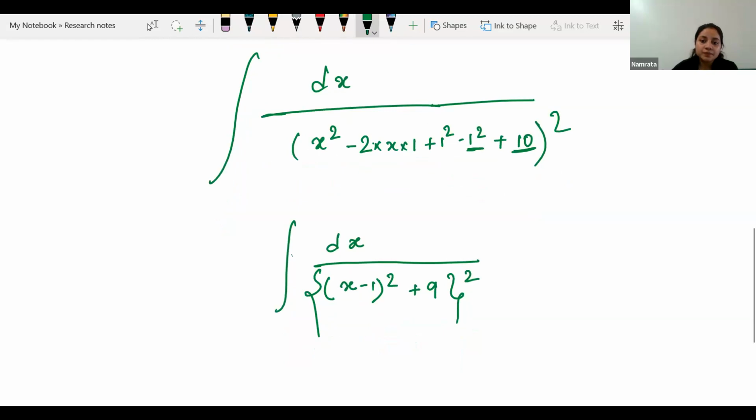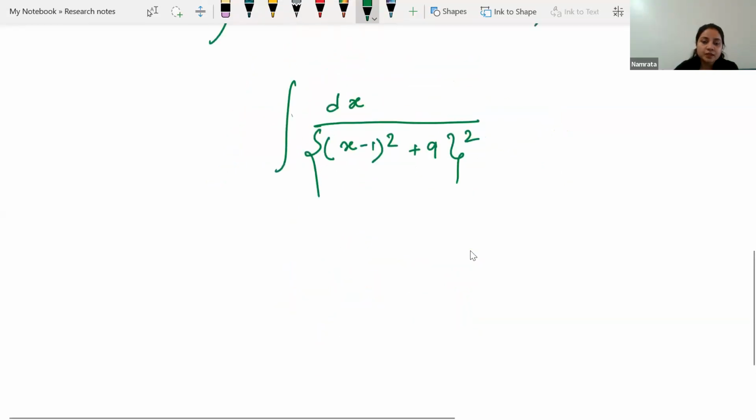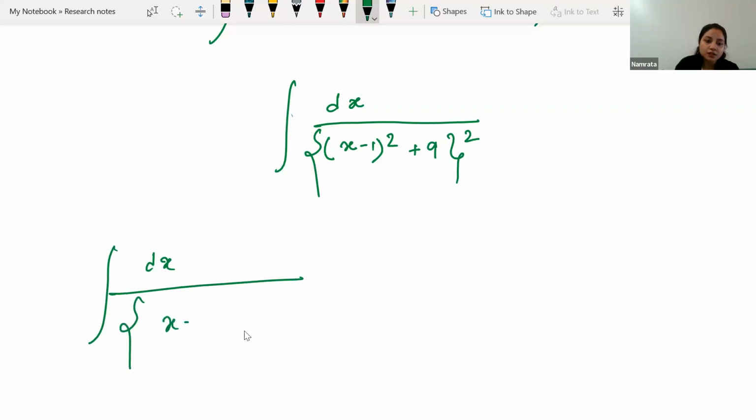Let's move ahead. So this is what we have. So dx over (x minus 1) whole square plus this 9, I can write it as 3 square, but there is one more power 2. Now here it doesn't look like any formula so far.